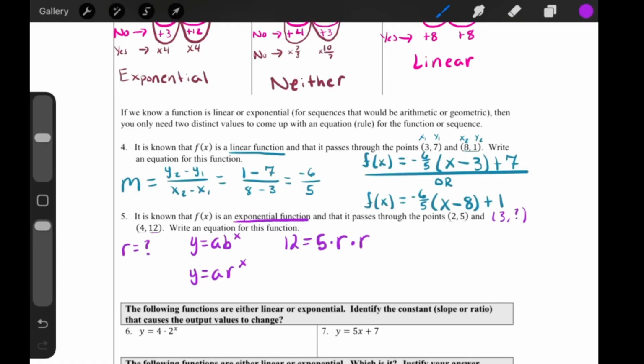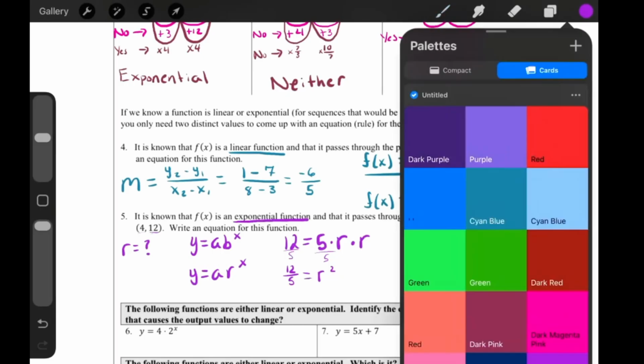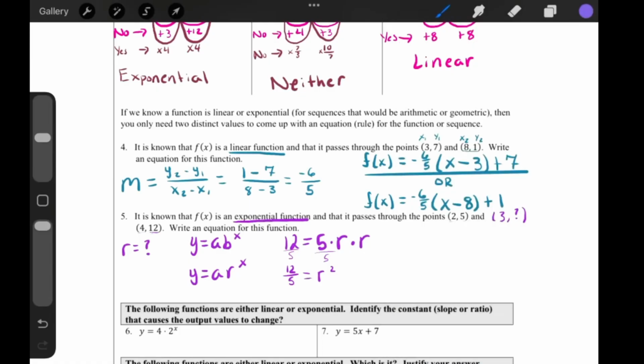So we'll have 12, and we'll divide by 5 on both sides, leaving us with 12 over 5 is equal to, if we combine r times r, that'll give us r squared. Now, to remove the r squared, we'll need to take the square root. So I'm going to take the square root on this side, which means I have to take the square root on the other.